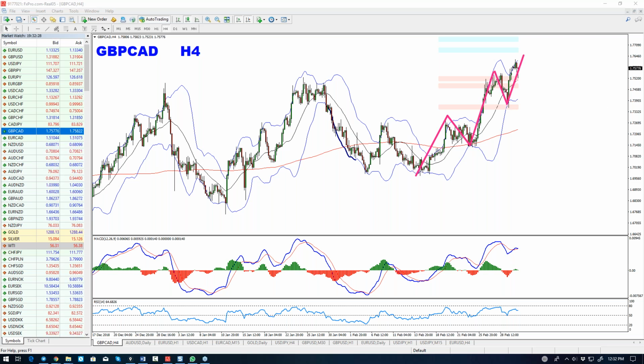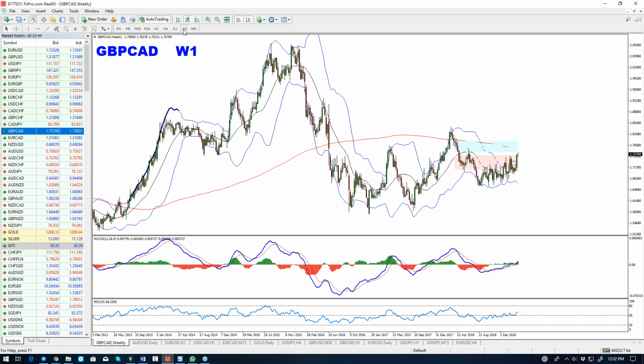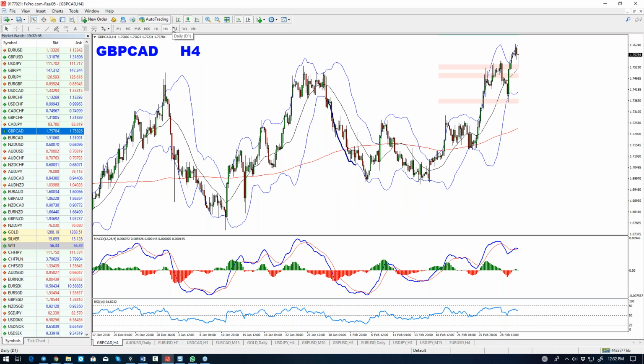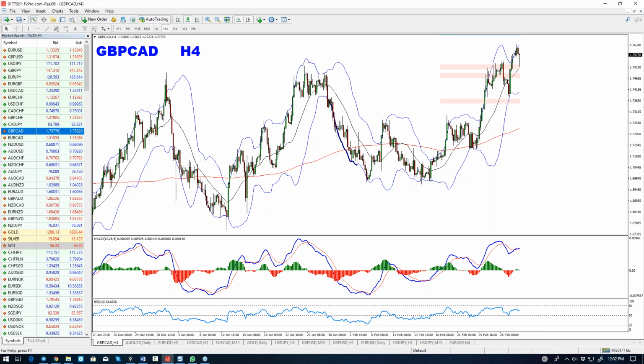So I think the area of 176, 177 is a very critical area, and I don't think much of the buys are left here, at least for the short term. So personally, I move to neutral from bullish as we were in the previous week.